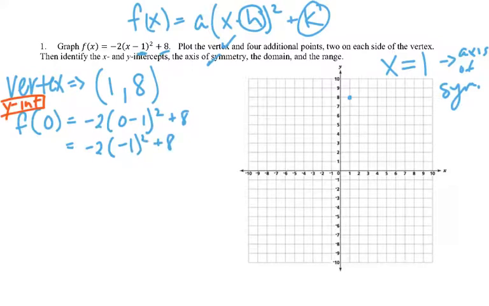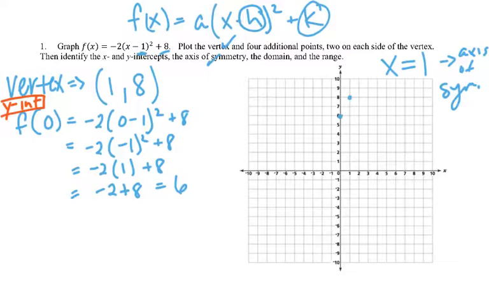Negative 1 squared is positive 1. So negative 2 times positive 1 plus 8, which is negative 2 plus 8, which equals 6. So our first point that we found that isn't the vertex is the y-intercept, and that is at 0, 6.